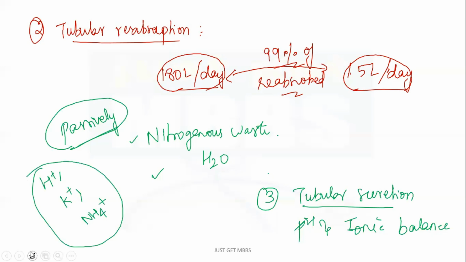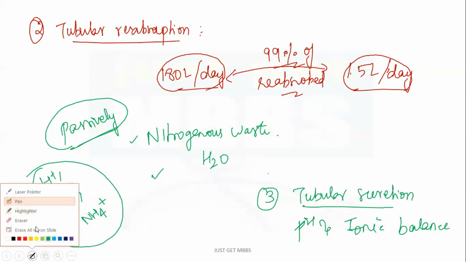Now there will be many confusions, especially for 11th grade students, on understanding what is secretion and reabsorption. See, let us assume that this is my filtrate. So I'll just draw a part of a nephron here. I'll just use a darker color, just a minute. So you should just appreciate one thing here. If I say reabsorption, which means the route taken is from the tubule into the plasma.